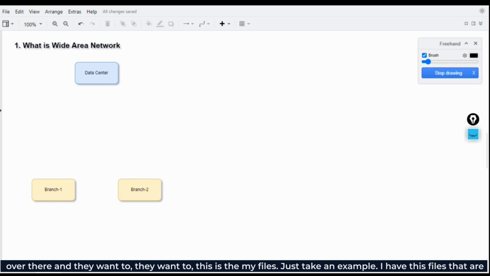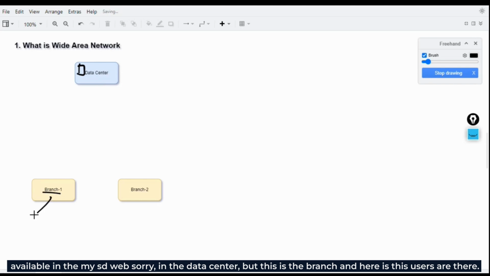They want this: these are my files. Take an example: I have these files available in the data center, but this is the branch and here the users are. They want to access the same files, and these users are sitting here. They want to access the same file or the same server.